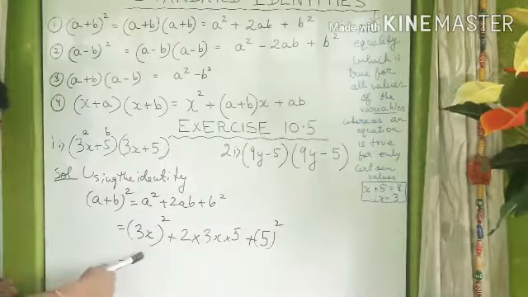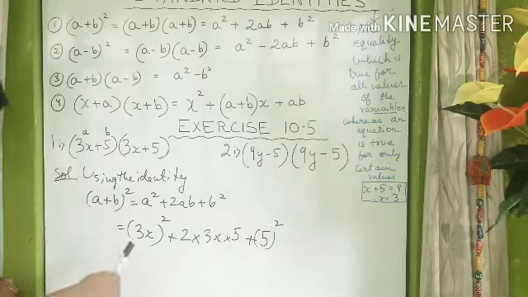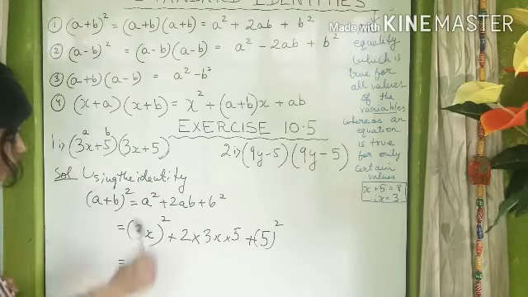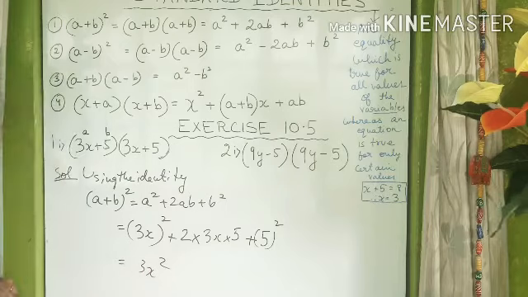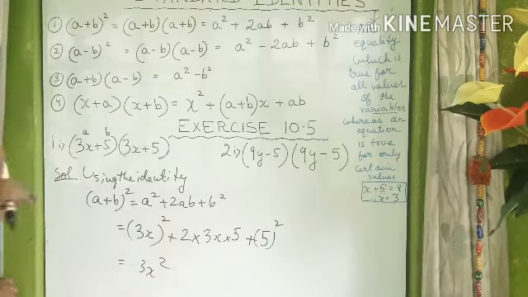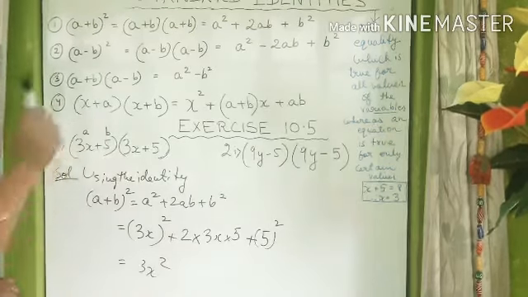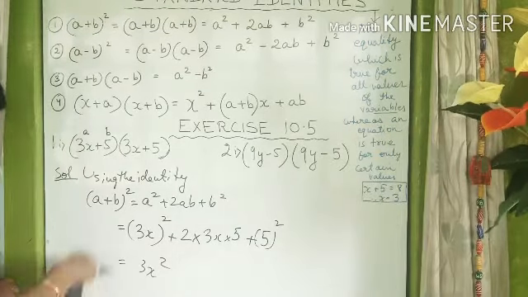What do we get? Here the common silly mistake students make is that for (3x) whole square, they write 3x square. That is the common mistake. Students, be very careful. (3x) whole square means you have to do 3 square as well as x square.